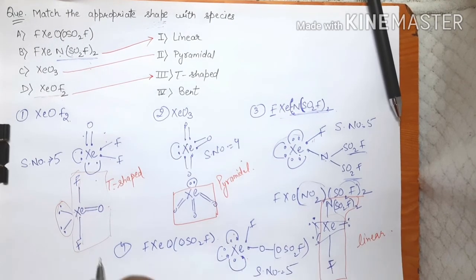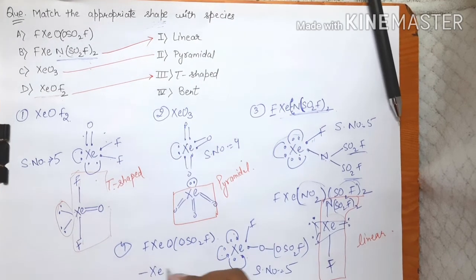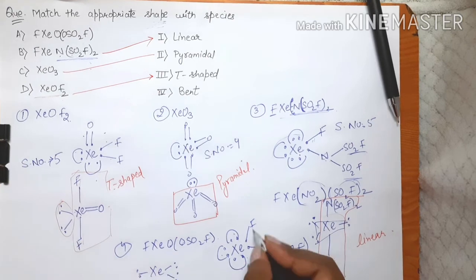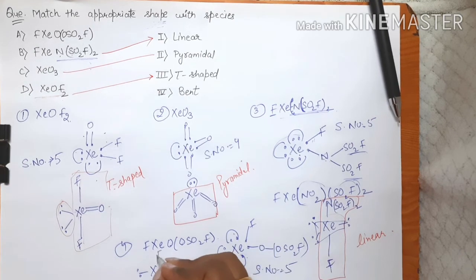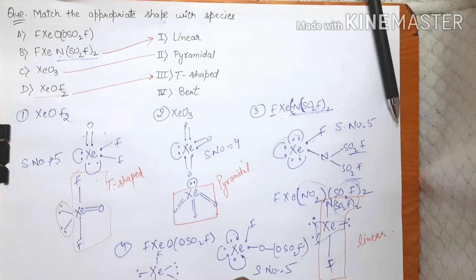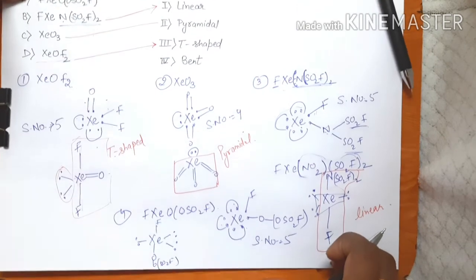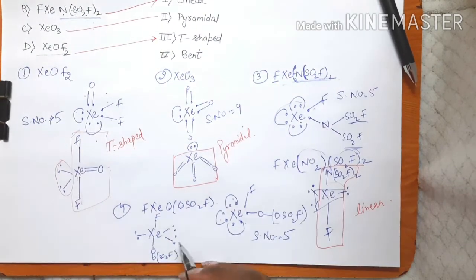These three lone pairs are going to attach at these three positions according to Bent's rule, and these two electronegative groups will be going above and below the plane, right? Like this.